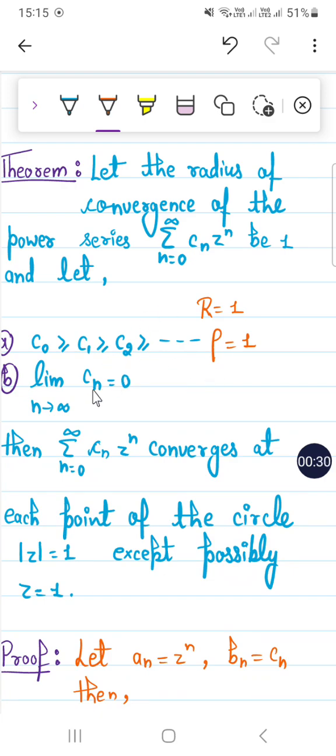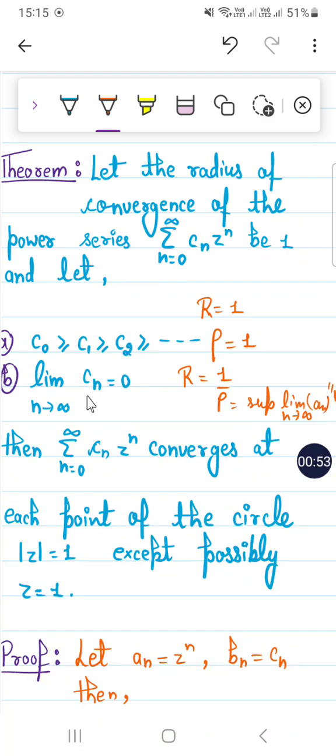We will say that the nth term is 0, but the radius of convergence is 1, because r equals 1 over rho, where rho is the supremum of the limit as n tends to infinity of an to the power 1 over n, right?